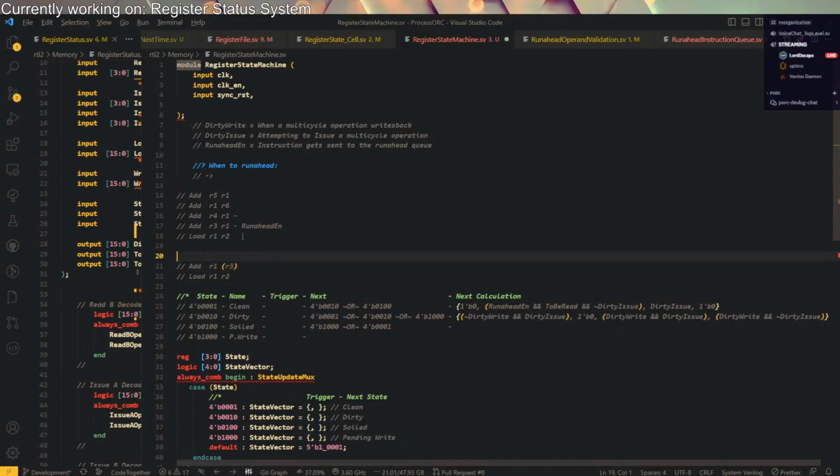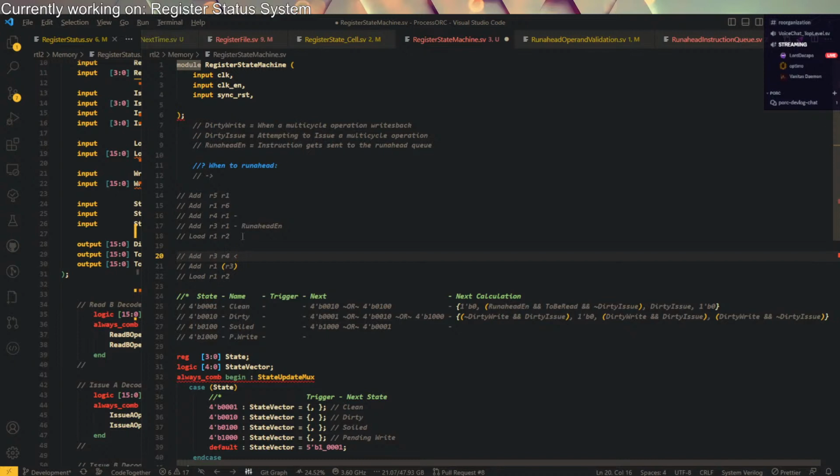Because if you have another instruction right here that's add R3, R4, this instruction is being blocked by this one because it's a write after read hazard. If I write the third instruction before the second instruction finishes, then I will corrupt the second instruction. So soiled is a way for my system to realize there's a pending read on this register, and I can't write to it.